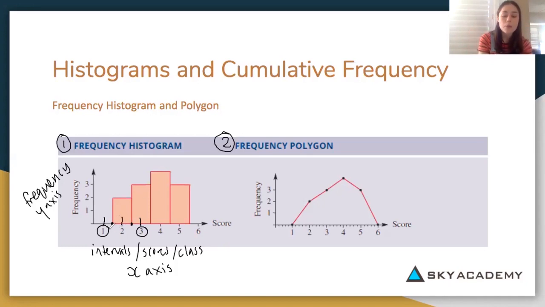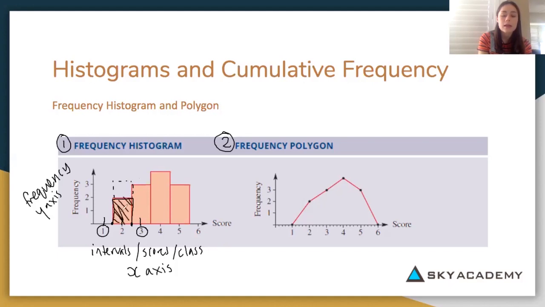And then how tall your box is depends on the frequency. So if it had a frequency of 3, your box would go up to here. But because our box only had a frequency of 2, it went from here up to here, across and down. And so that's our box there, colored in.